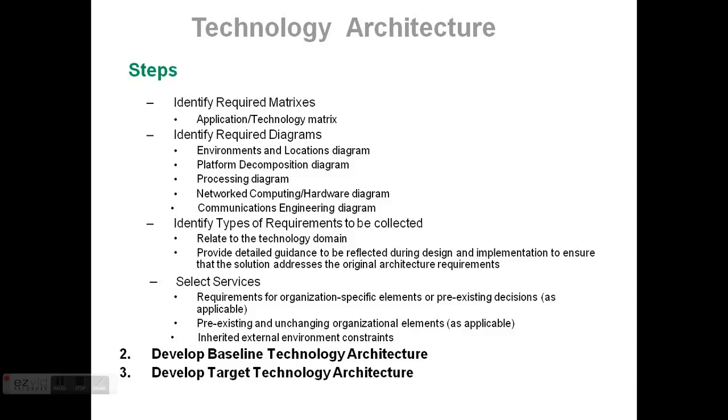Right, next is step 3, and we need to develop a target technology architecture. This is where we are saying, okay, this is where we're going in terms of our infrastructure.